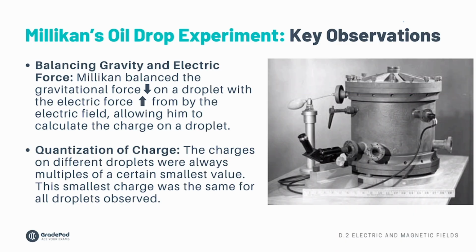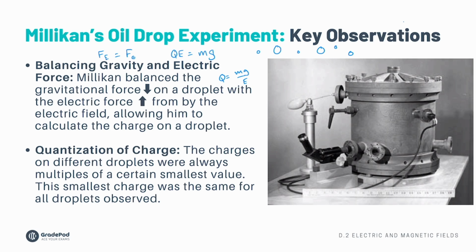And he did this, Fe equals Fg, which is QE equals mg. He did this calculation for a number of different oil drops, all different sizes, all different charges, to find out what the charge on each of those oil drops was.